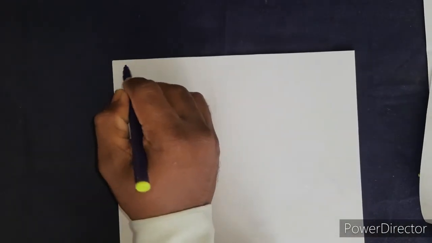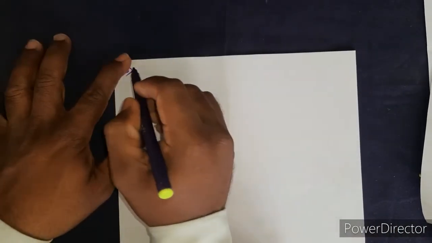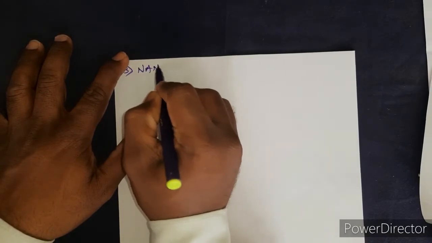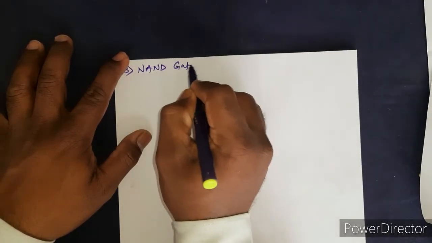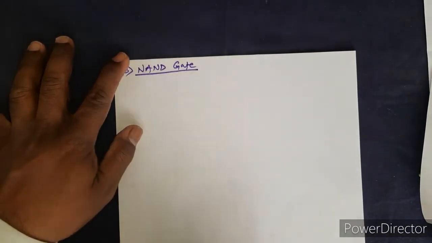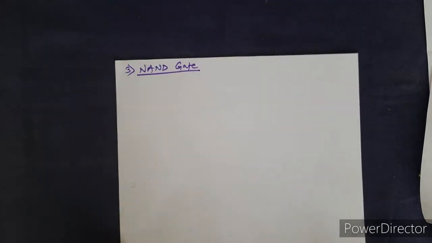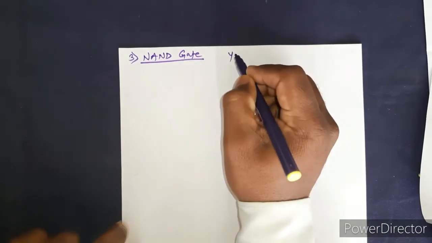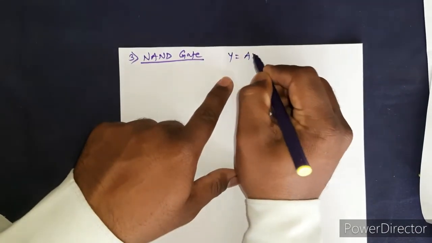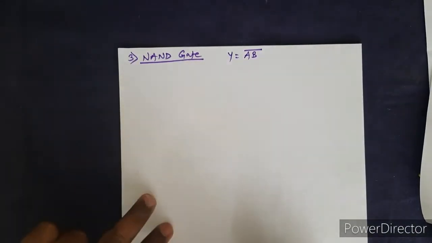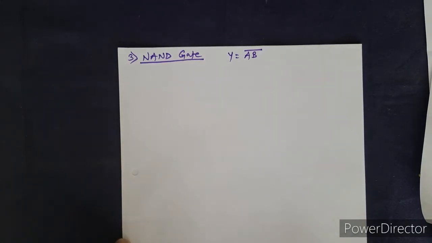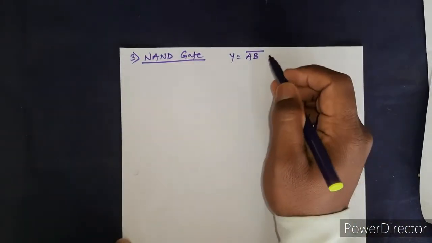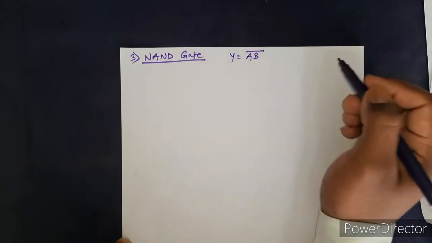Okay, now let's try for NAND gate. Our third gate is NAND gate. What is the conceptual equation for NAND gate? y equal to a b whole bar. And we have used De Morgan's theorem here.